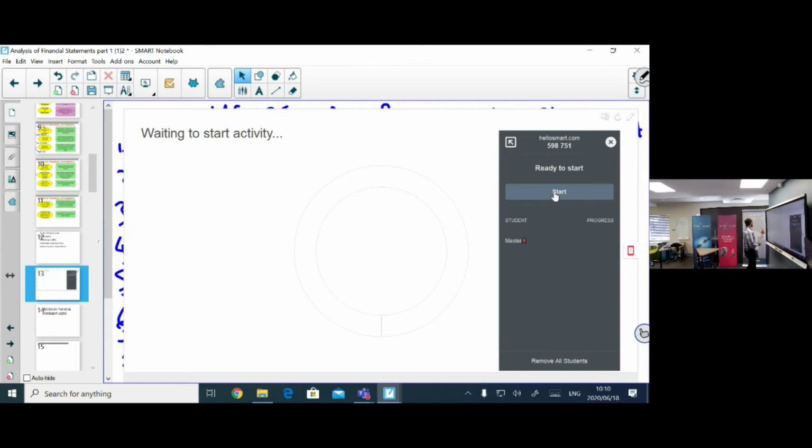Okay, my name is already there. While we're still waiting for other students to come in, we'll continue and we'll do this activity maybe towards the end. So let's move on.